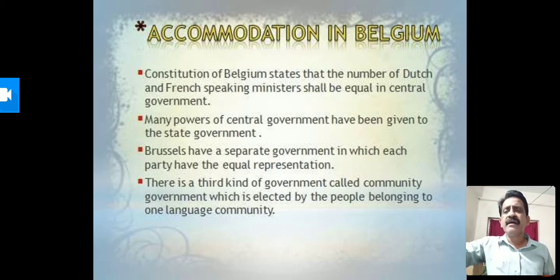Brussels has a separate government in which each party has equal representation. There is a third kind of government also called community government, which is elected by people belonging to one language community. This is how power sharing was accommodated in Belgium.